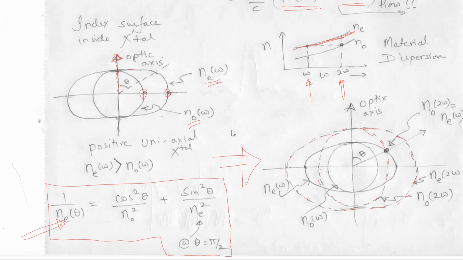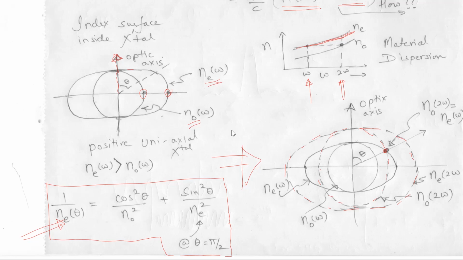So these are now the two different index surfaces plotted for both the ordinary and the extraordinary ray at omega and 2 omega. And you can clearly see that there are points where the ordinary ray at 2 omega actually matches with the extraordinary ray at omega.